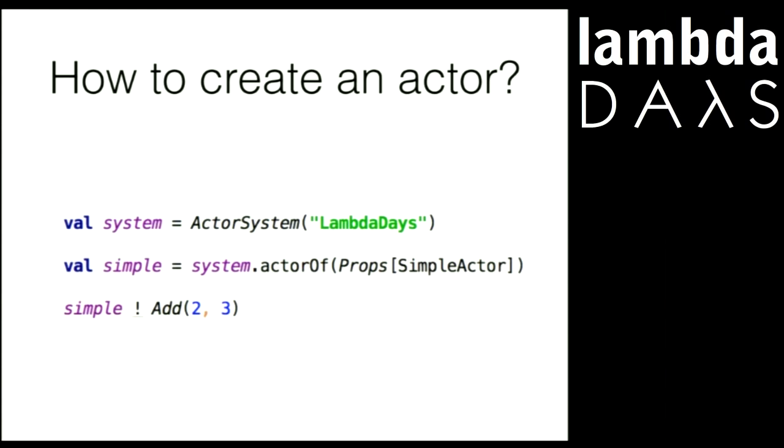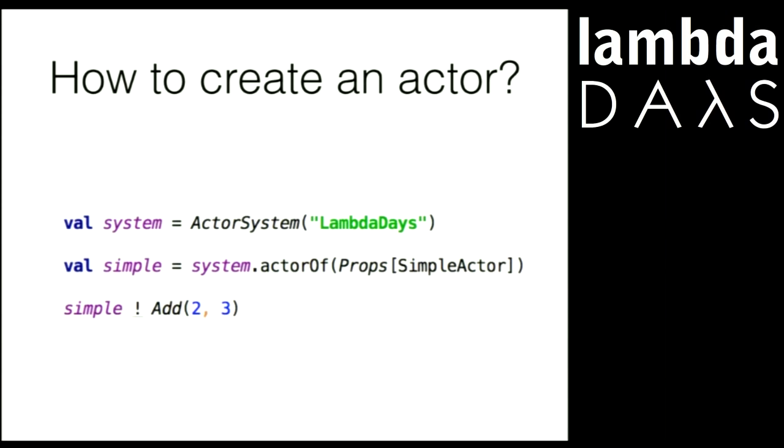So now, how to create an actor? Actors live in actor systems, so you need to create an actor system first, and then you just call the actorOf method of the system, and in this scenario, we just give it the name of the class of the actor we want to instantiate.